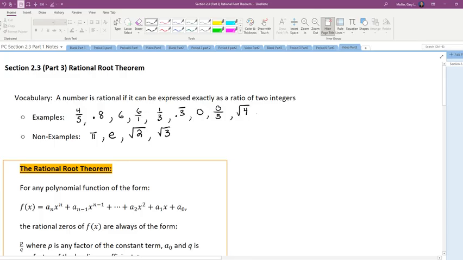So irrational numbers are numbers that cannot be written as a ratio of two integers, and those are usually any non-terminating decimal, but not just non-terminating, because 1/3 is non-terminating, but it's also repeating.